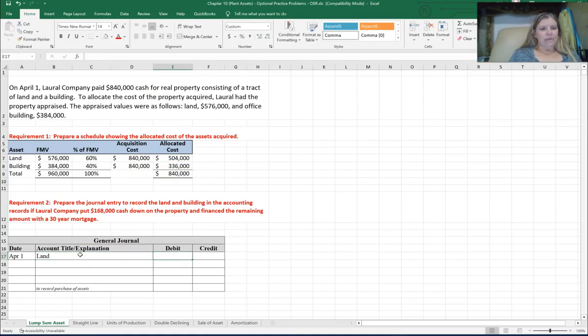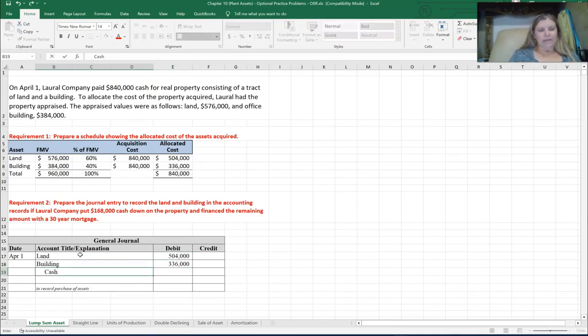So land, we said, should be allocated $504,000, and building should be allocated $336,000. And then we can record the cash that we paid. Cash is also an asset, but it is going to be going down because we paid them $168,000, so we have to credit that.